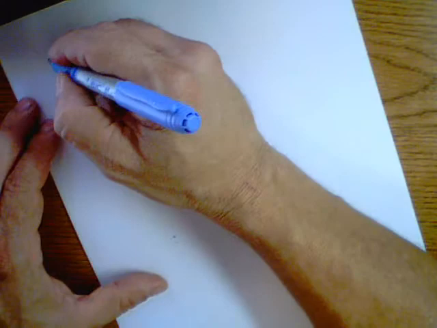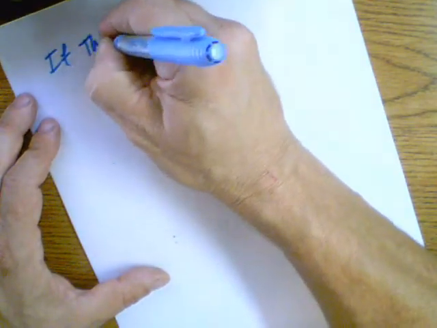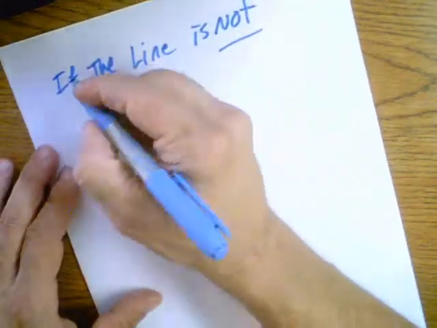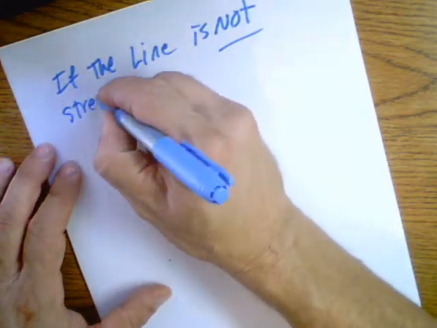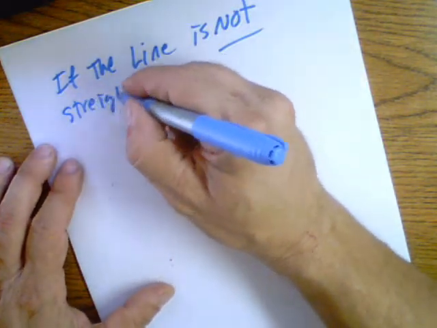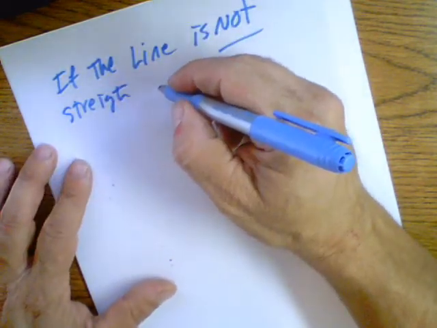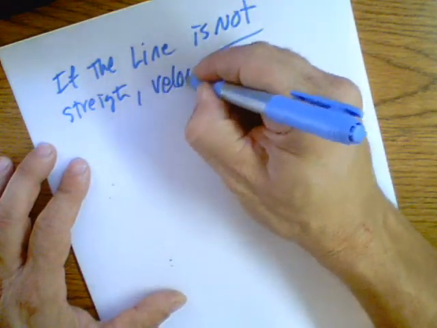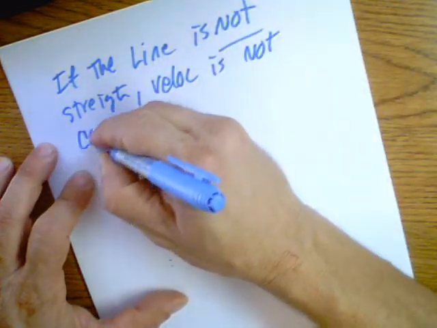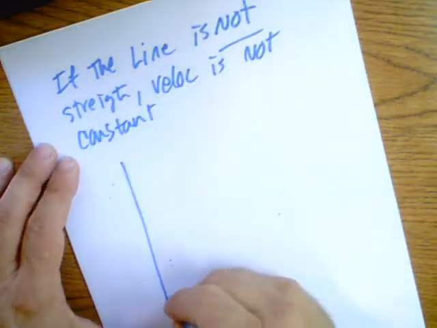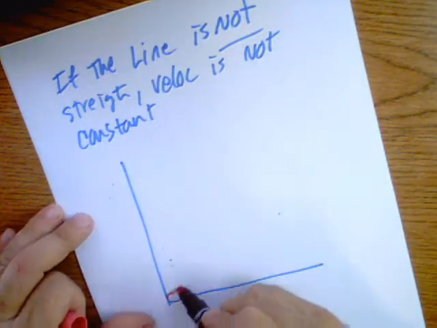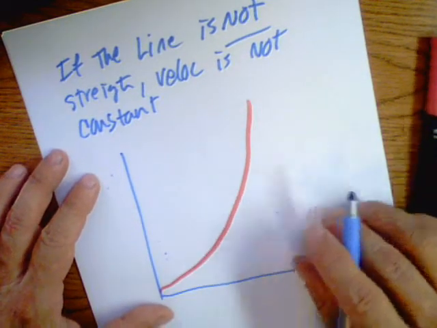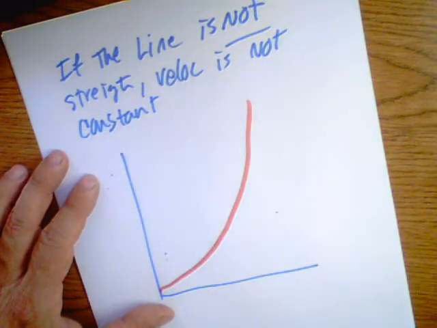If the line is not straight, then the velocity is not constant. So in this situation, we do not have constant velocity. But what if we want to know what the velocity is at any given point?